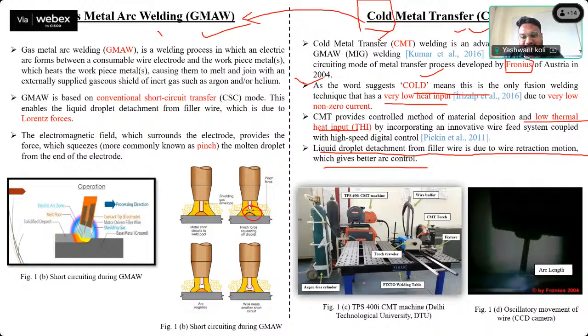So this is the typical system we have at Delhi Technological University. This is the CMT machine. This is the wire buffer, torch, fixture, torch traveler. Here we are not using any robot. So we are using a single track mechanism. We can deposit single wall structures easily, multi-wall structures easily.